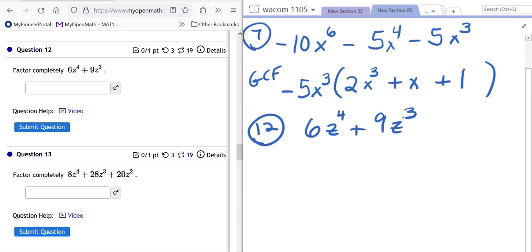Okay, so you're looking for a GCF. You can't use a 6 because 6 won't go into 9, so you have to go lower. You could use a 3. 3 goes into both. So a 3 and a z cubed, lowest exponent on your variable, and divide it in to go back. So 3 into 6 will go 2 times. You have 3 z's, you need 1 more.